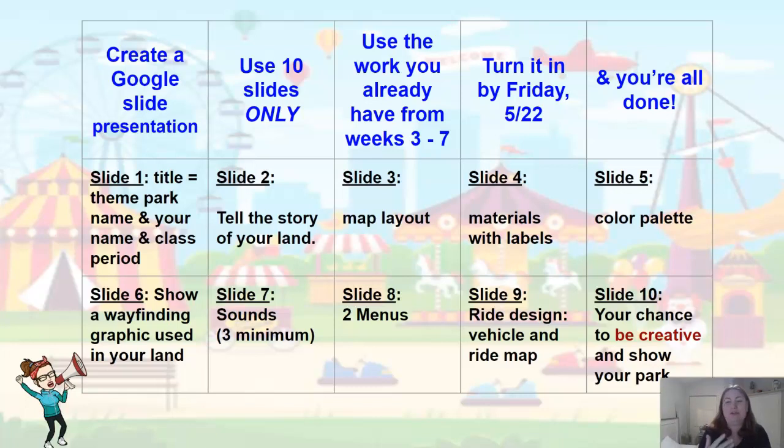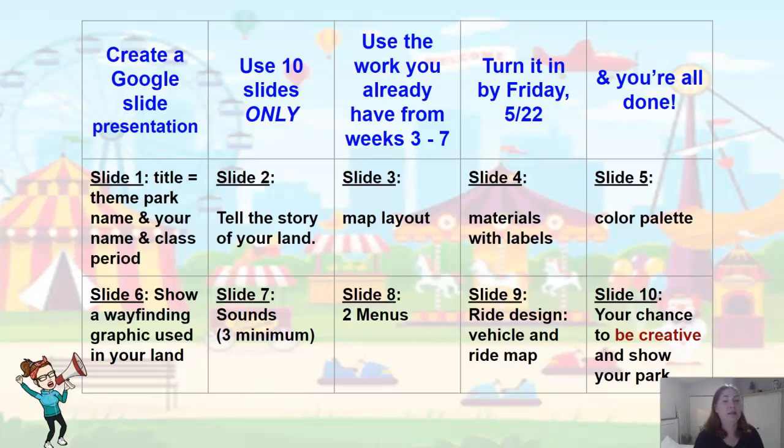But that's the point. The story is what is happening in your land. What's going on. With my Jeep land, it would be the people are going to arrive and have an adventure, riding in Jeeps, going up and down hills, and seeing the thrill and experience that they wouldn't in their everyday, ordinary lives. So tell the story of your land.